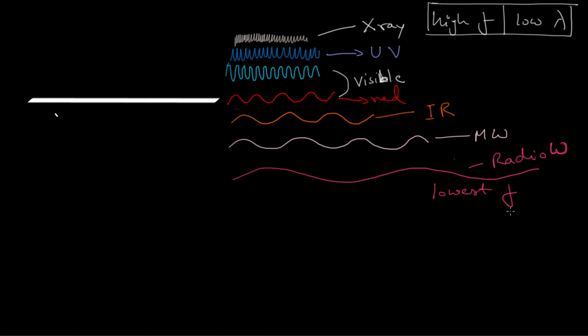Lowest f, longest wavelength. TV signal, radio signal, your mobile phone catching a signal, your Wi-Fi routers, all will come in this. So every day this signal is passing through you. You swallow your mobile phone, it is still going to ring in your tummy. Why? It goes through you, right? These wavelengths go through you.